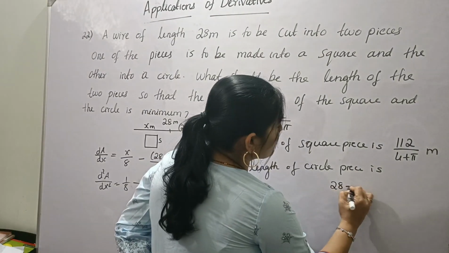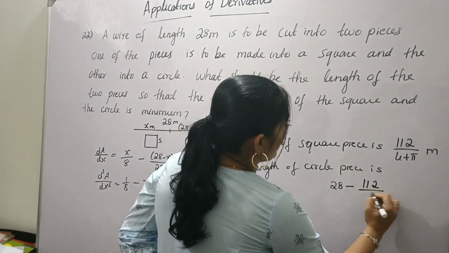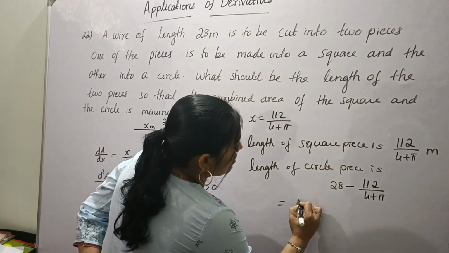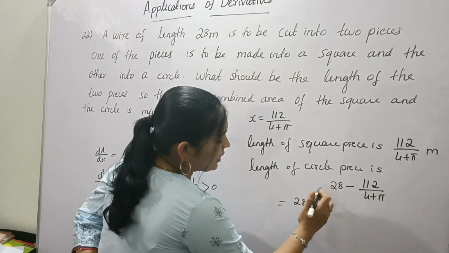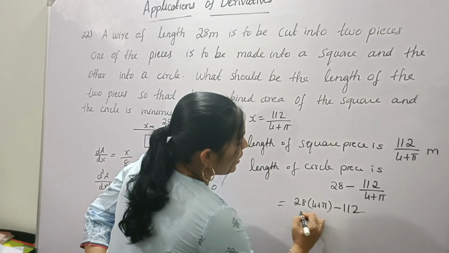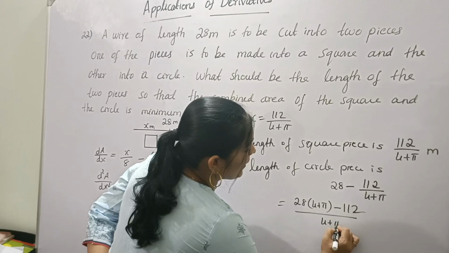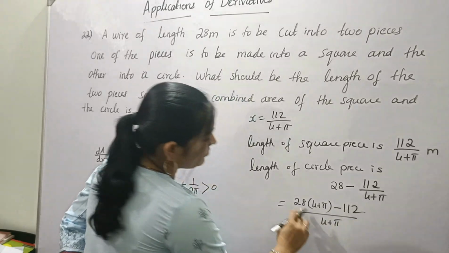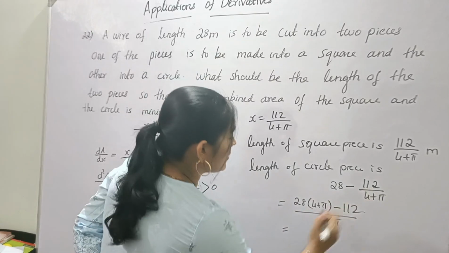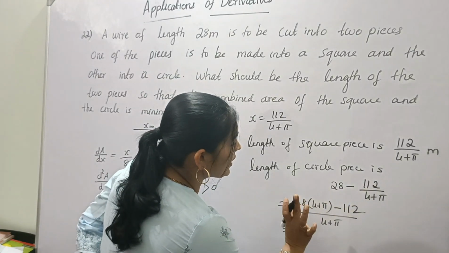So 28 minus 112 divided by 4 plus pi, that is equal to, cross multiply, 28 into (4 plus pi) minus 112 divided by 4 plus pi. 28 into 4 is 112, so 112 will be cancelled.